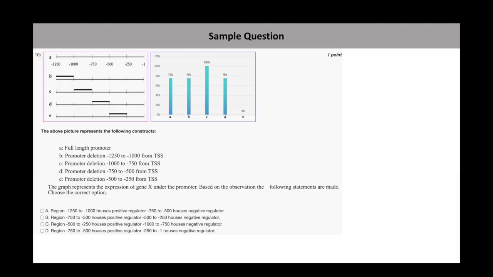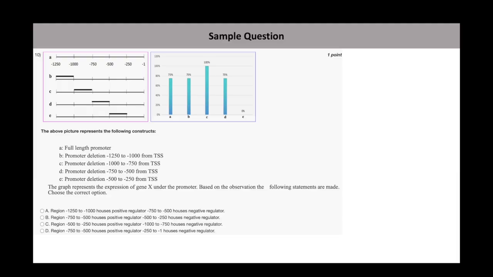That means fragment E is very essential for the transcription of the downstream gene, and it will act as an activator. The presence of that fragment will basically regulate the expression of the downstream gene. Understood? This is how you solve these kinds of questions when the question is about promoter deletion assay.